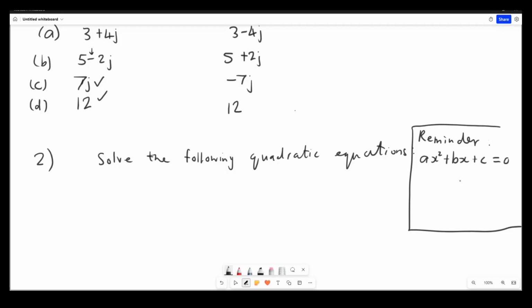So if I say solve that equation, I think it's around grade 10, you were able to come up with this little formula: x equals minus b, plus or minus the square root of b squared minus 4ac, all divided by 2a.